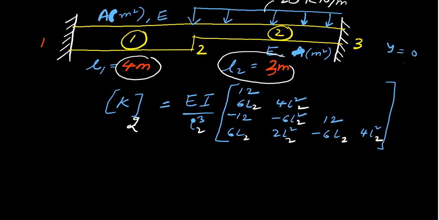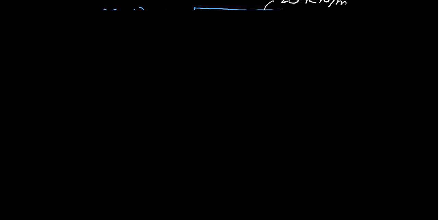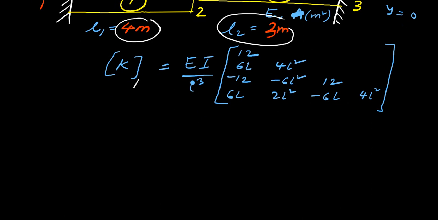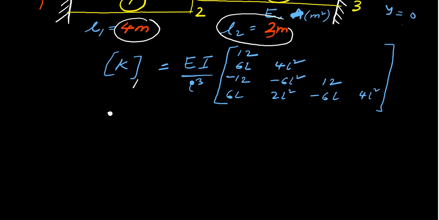Okay, so after K1 and K2, we are going to add K1 plus K2. Whatever you get for K1 and K2, we are going to assemble. Assembling is nothing but what is called the global stiffness matrix.